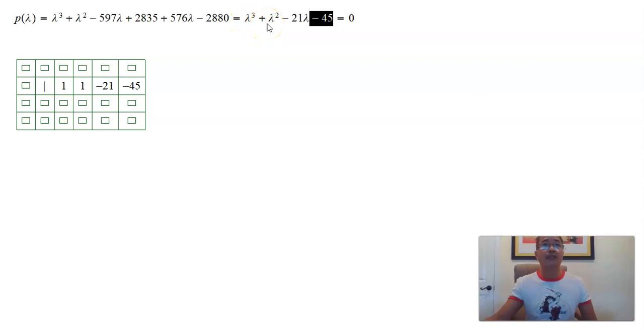From here to here, no sign change. From here to here, we have a sign change. From here to here, no sign change. So there's exactly one sign change in the consecutive terms of P of lambda. Descartes' rule says you will have exactly one positive root. So as a bonus, we can keep our fingers crossed and hope that the roots of P of lambda are really integers. And if so, then they should be divisors of 45.